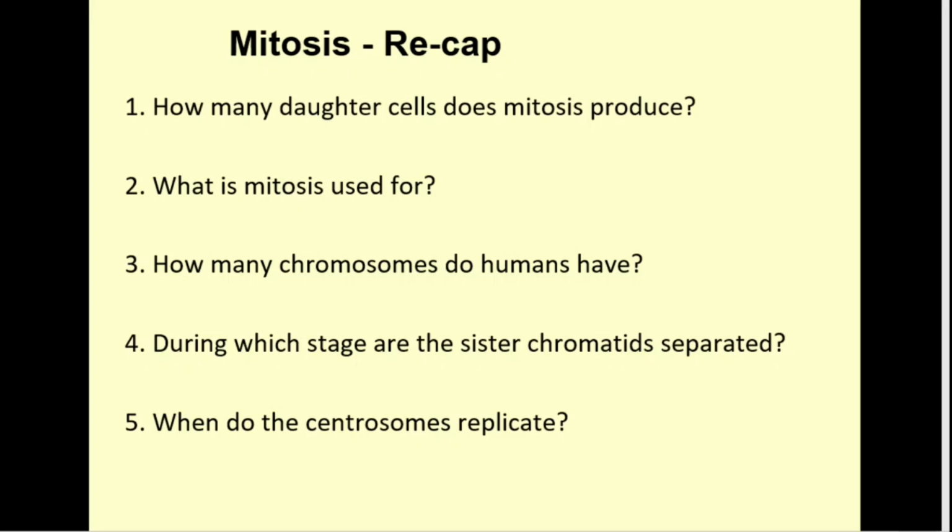Number 3, how many chromosomes do humans have? Number 4, during which stage are the sister chromatids separated? And number 5, when do the centrosomes replicate? So 5 questions. I'll give you a few minutes to answer those, and then we'll go through the answers together.